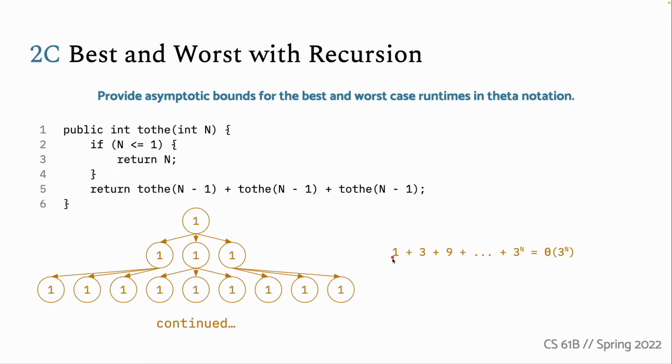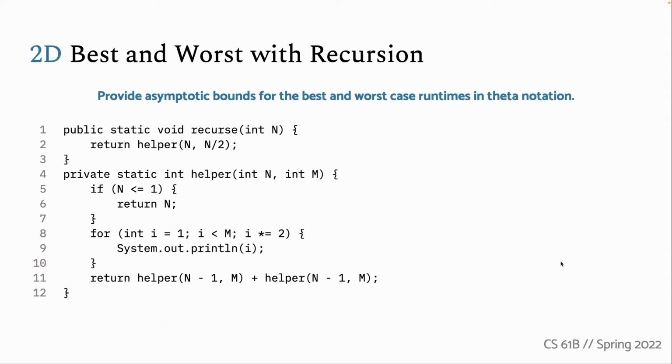So the sum from 1 to 3 to the n minus 1 is actually less than just 3 to the n, which is why this last term ends up dominating, causing the total runtime to be theta of 3 to the n. Of course, you can always just use the geometric formula to get this, and when you simplify, you'll get the same answer, and that way you don't have to rely on your intuition when it's not quite developed yet. Okay, let's do another one.